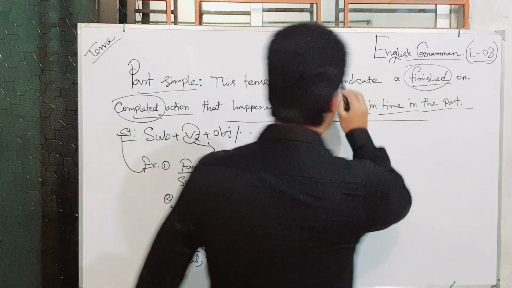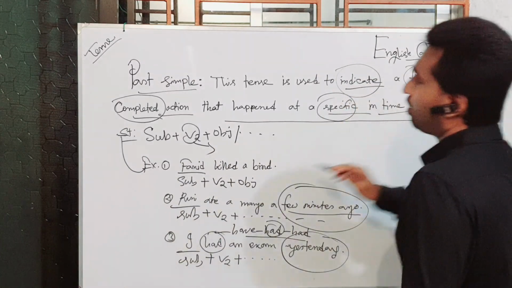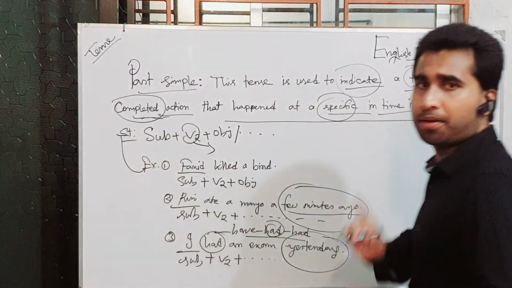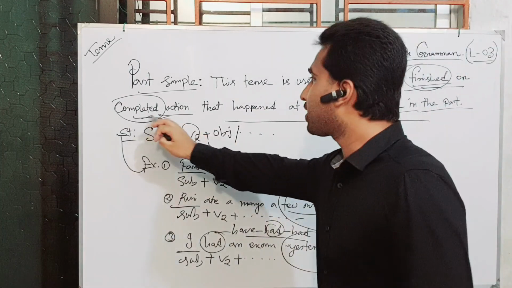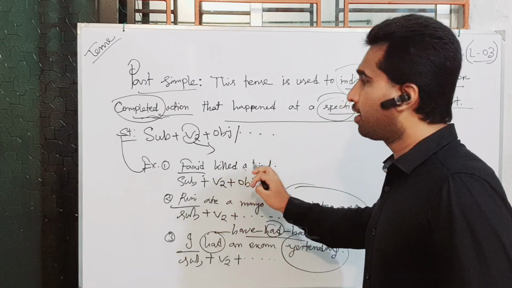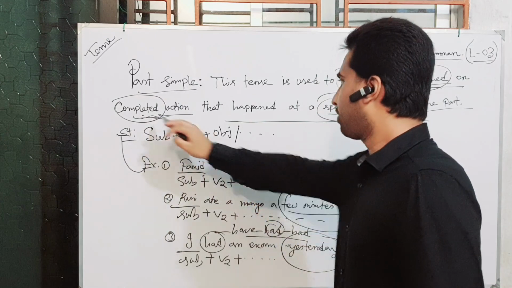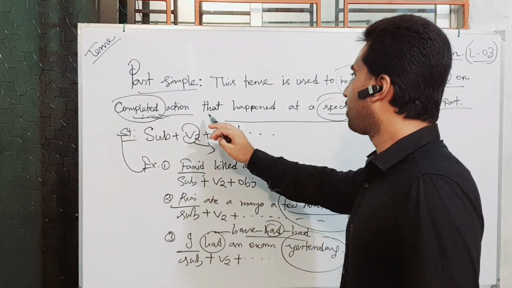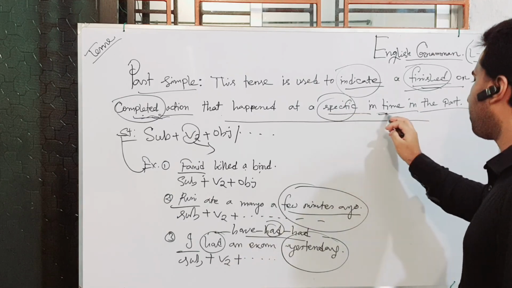So when you make a past simple tense, you have to remember that this tense must indicate a finished or completed action. Here, in Farid killed a bird, the action is completed. It happened at a specific time.